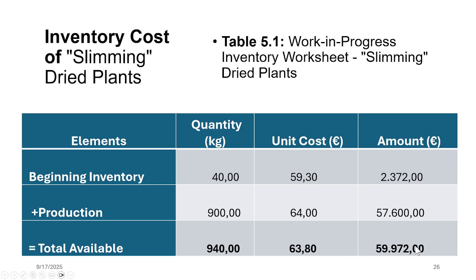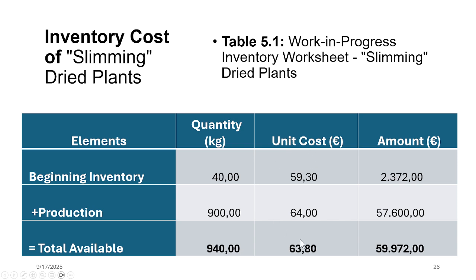Now the total available cost will be the sum of 2,372 plus the production cost of 57,600, which equals 59,972.